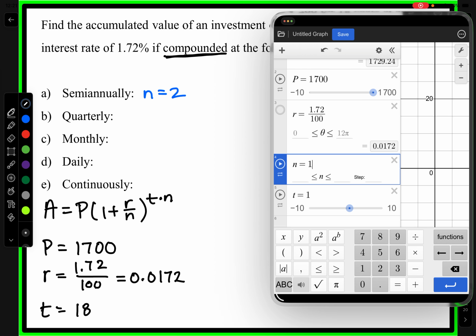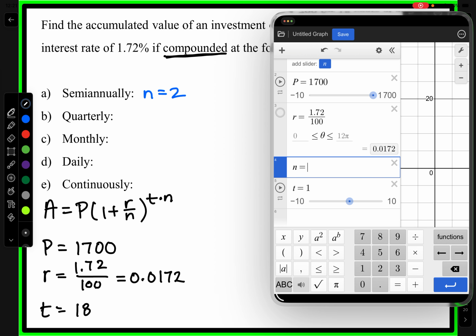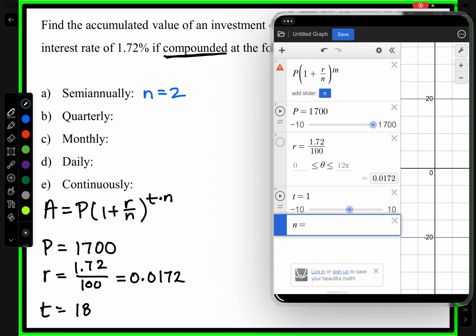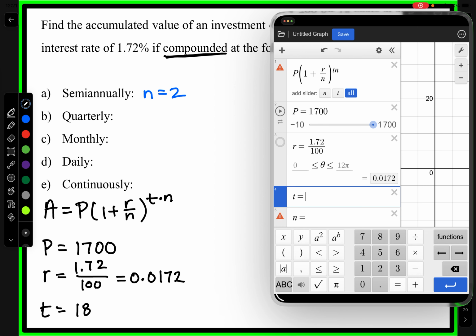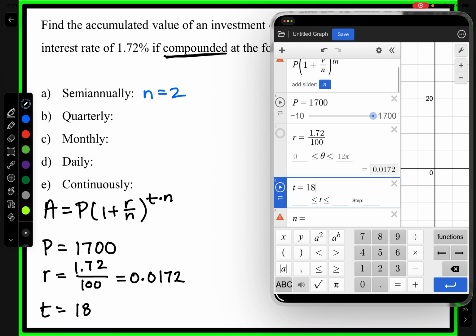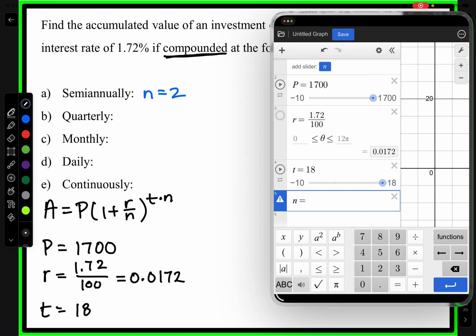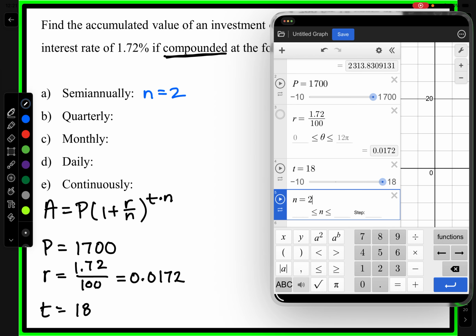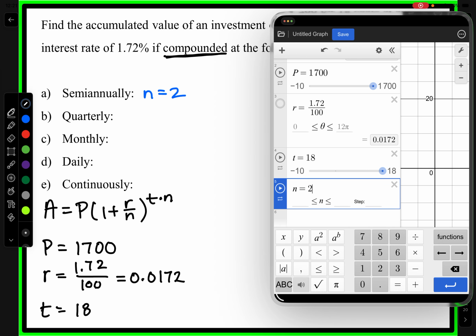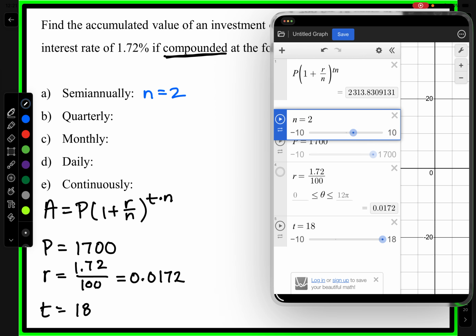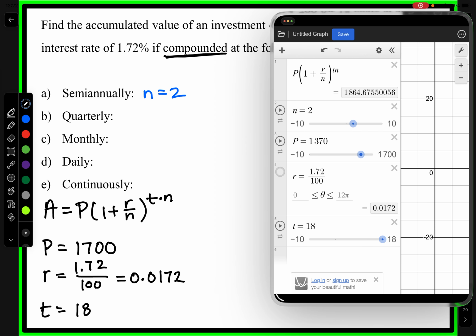T is going to be 18. And the value of N, in this first example, is going to be 2.